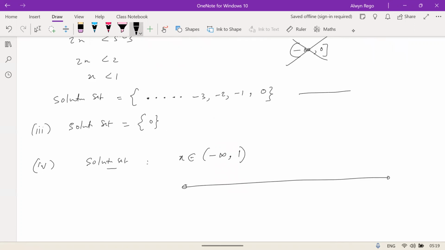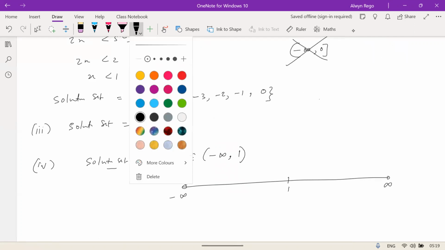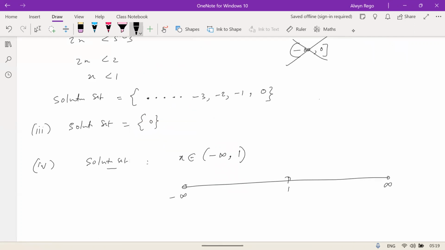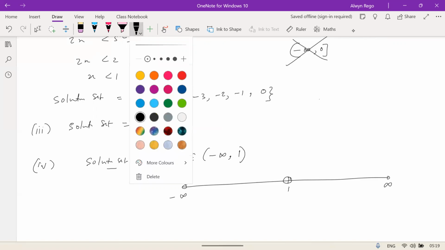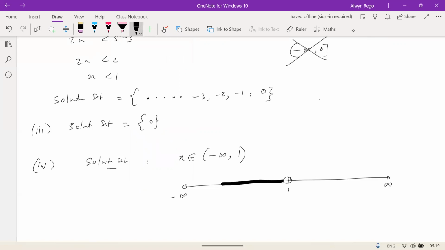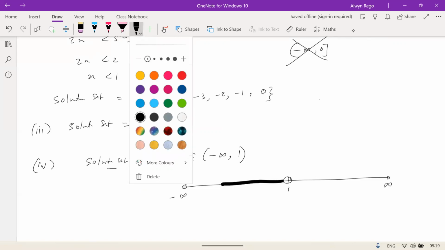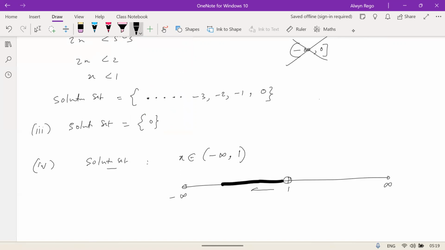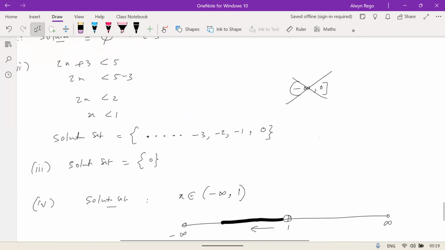Mark 1 somewhere, with infinity and negative infinity, then circle this one and do not darken it, but darken the area to the left of it, and draw a little arrow indicating that you have solutions all over on the left-hand side, infinitely many values.